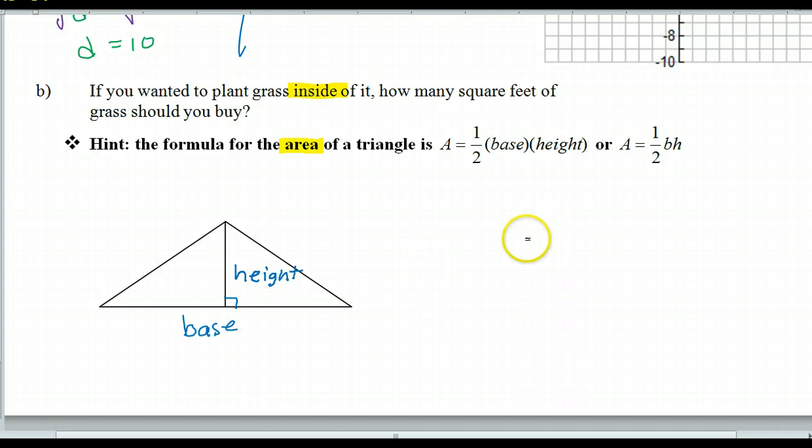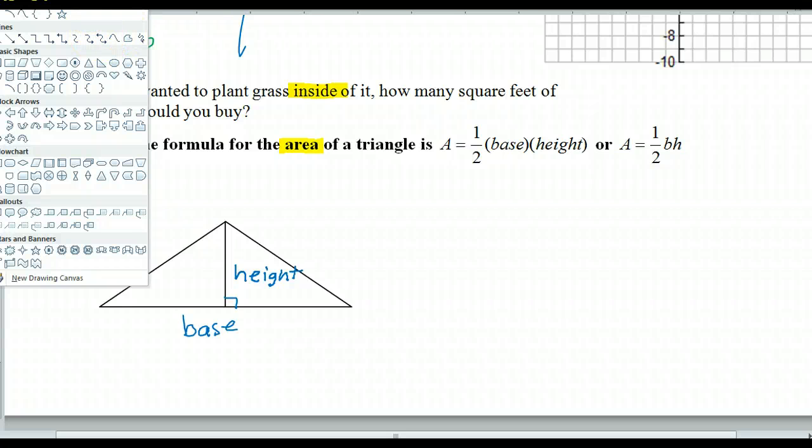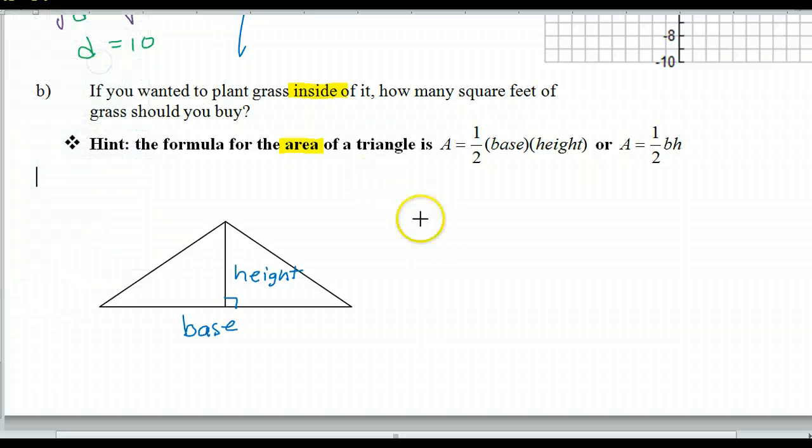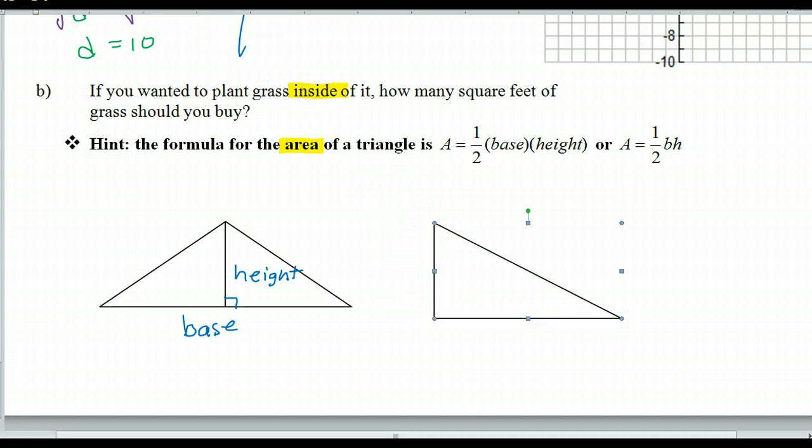Now, if I have a right triangle, though, okay, things work slightly different, or at least they appear different. So look, if I have a right triangle like this one, so let's say this is 90 degrees, then this is the base.